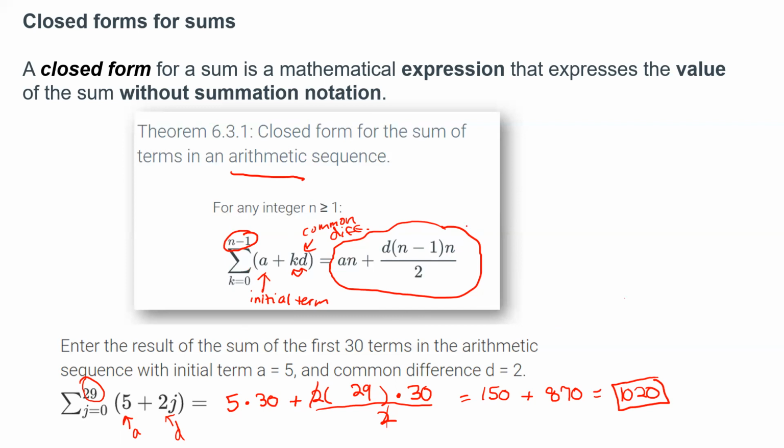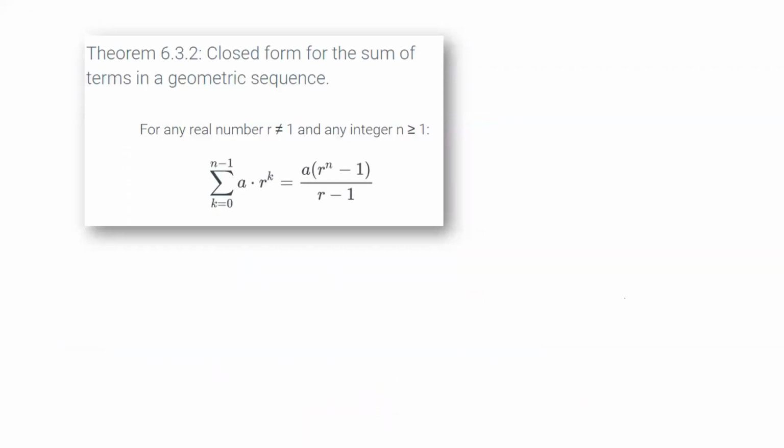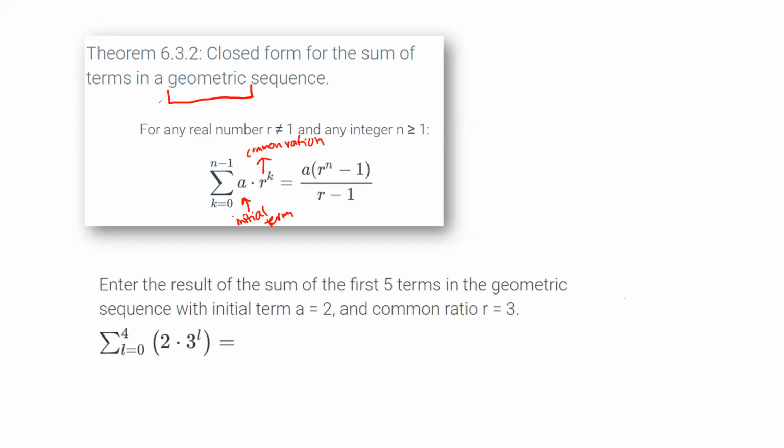And the last thing we have to talk about is the closed form for the sum of terms in a geometric sequence. So here's for when it's a geometric sequence. For a geometric sequence, remember A is still the initial term and R is the common ratio. So we would plug into this formula.